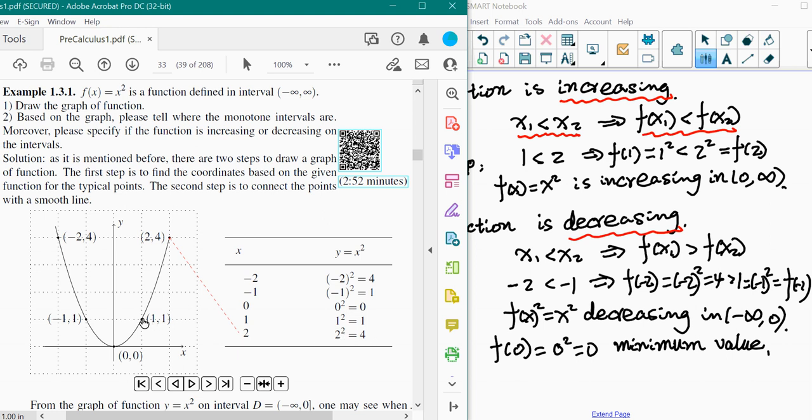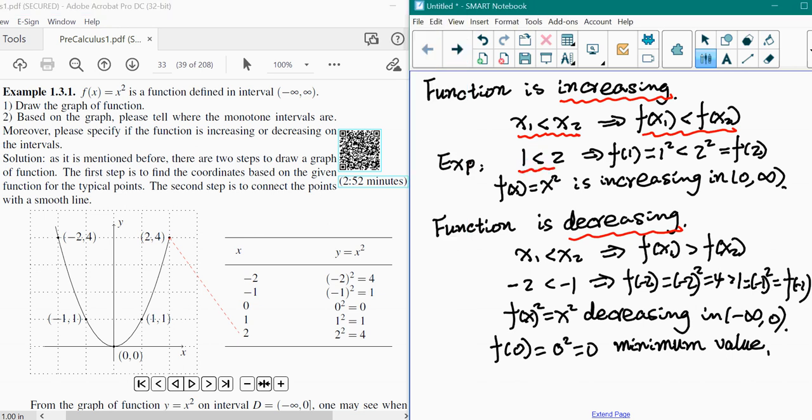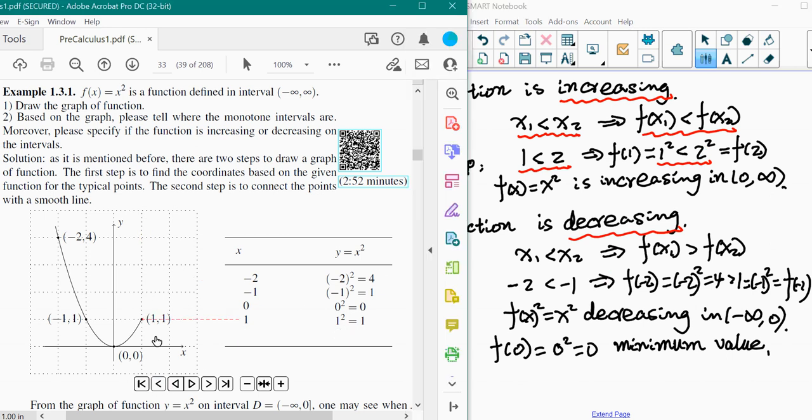So 1 is less than 2, and then we have 1 squared less than 2 squared. So you can see 1 squared, which is 1, is less than 4.